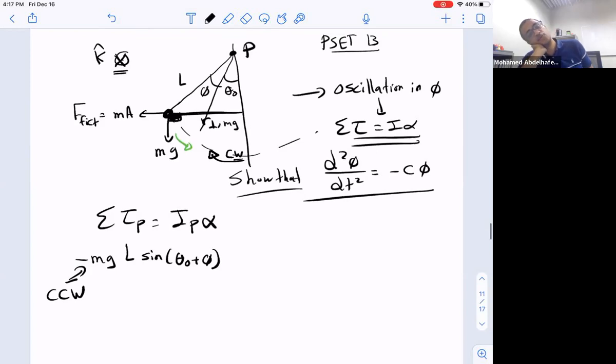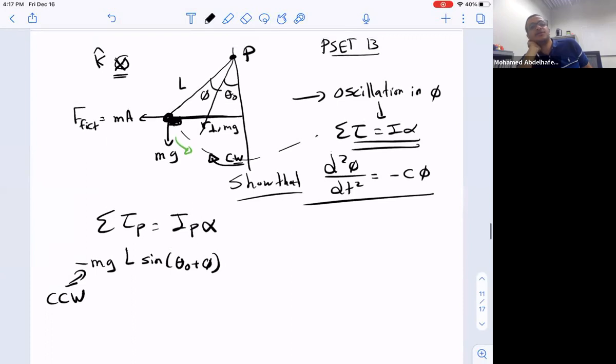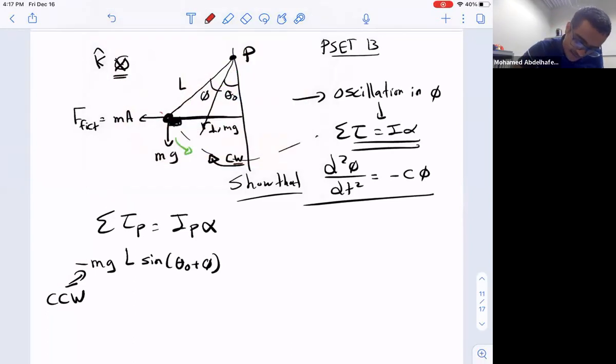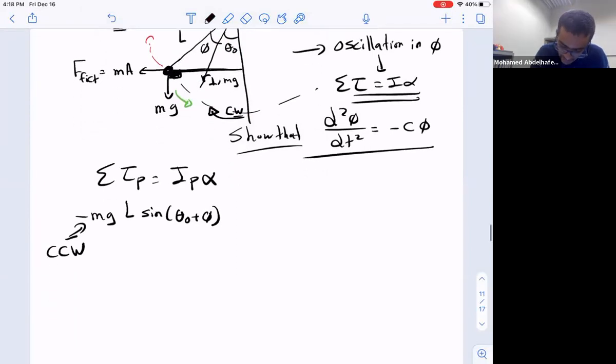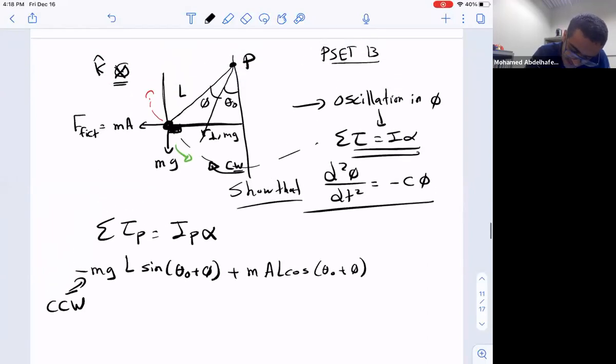And then the torque from the fictitious force is going the other way. It's trying to rotate it like this, because it's pulling that way. So that's the clockwise torque, which is positive: MA times L cosine of theta naught plus phi, because that's the perpendicular distance.